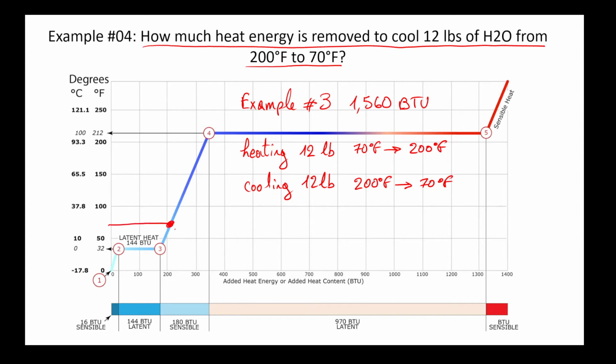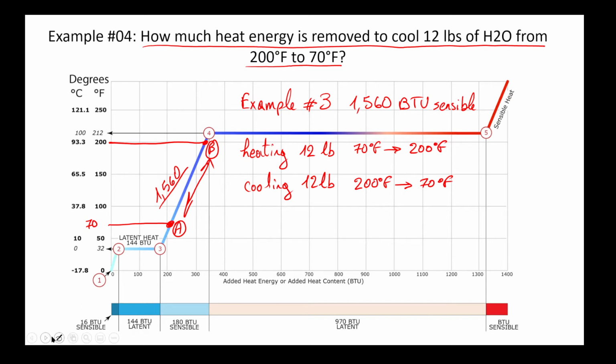Whether you're going from A to B, 200 to 70, or 70 to 200, you are still either adding 1,560 BTUs or removing 1,560 BTUs. That is sensible heat, because we have a temperature change that we can sense. So it doesn't really matter which way you go. You're still moving the same amount of heat.